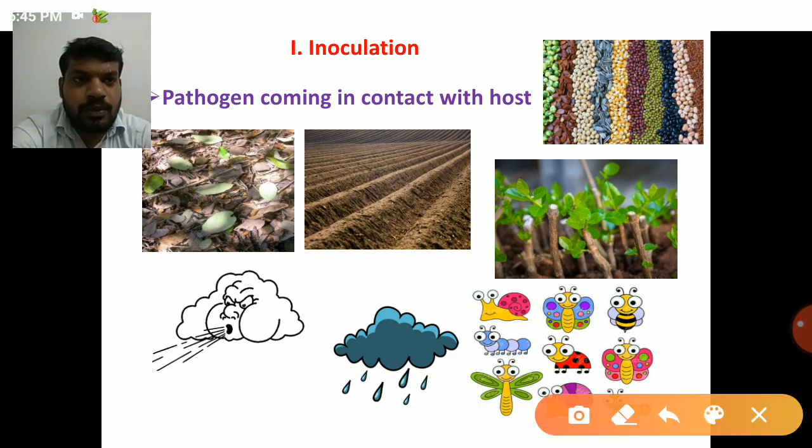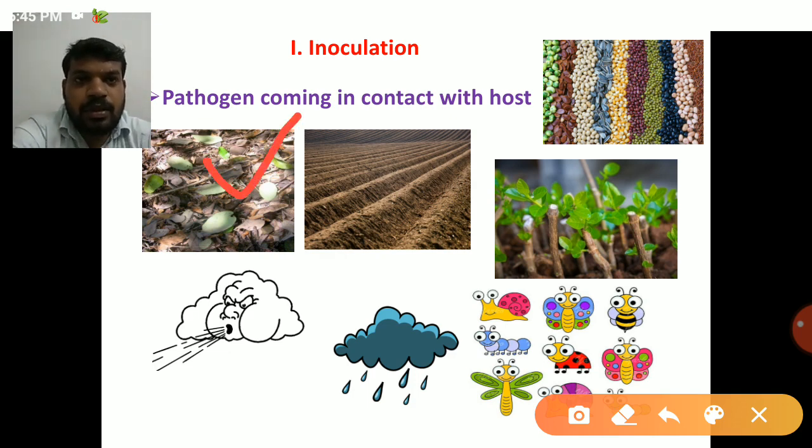So first step is inoculation. In this step the pathogen comes in contact with the host, that is, a susceptible host. So inoculation occurs through several things, first of all plant debris.